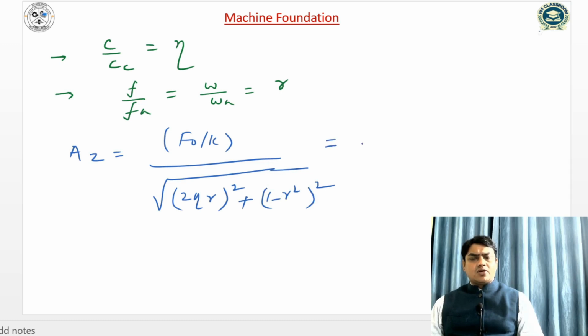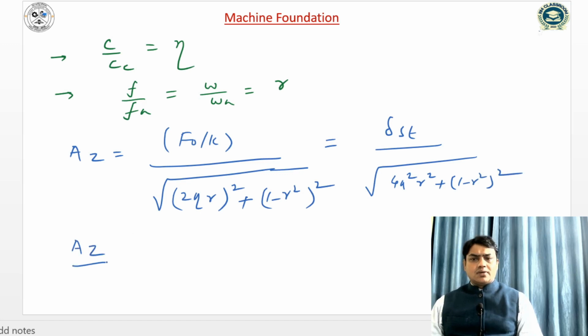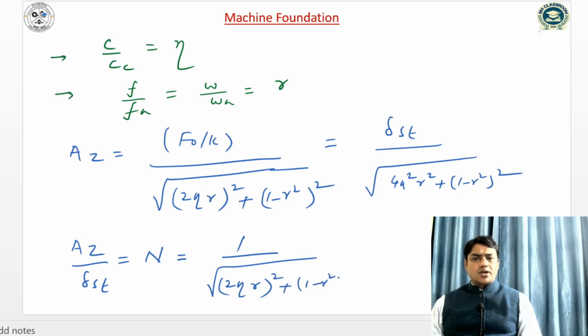And we know that this F naught by k is the static displacement, so we can write as delta st divided by 4 eta square r square plus 1 minus r square whole square. And az by delta st is the magnification factor, or it is also called dynamic amplification factor. So it will be 1 by square root of twice eta r whole square plus 1 minus r square whole square.